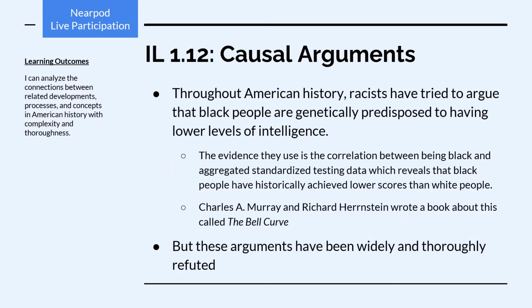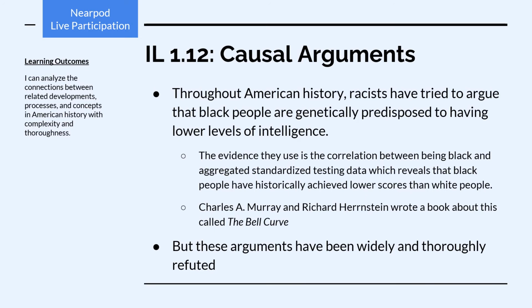In addition to there being just a natural logical danger of accidentally mistaking causation for mere correlation, this has actually been used to manipulate people as a sort of logical fallacy throughout history. A good example of this would be that throughout American history, racists have tried to argue that black people are genetically predisposed to having lower levels of intelligence, and therefore they are inherently less intelligent.